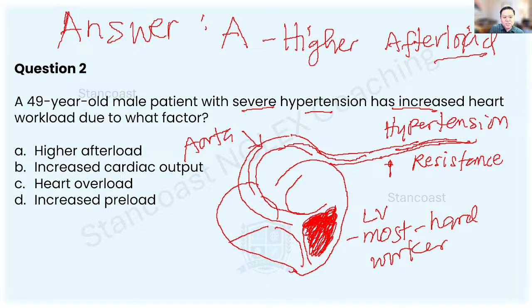And the question is asking, it said, a 49-year-old male patient with severe hypertension has increased heart workload due to what factor? Okay, that is the afterload. So what is the afterload, basically? The afterload simply means the resistance.